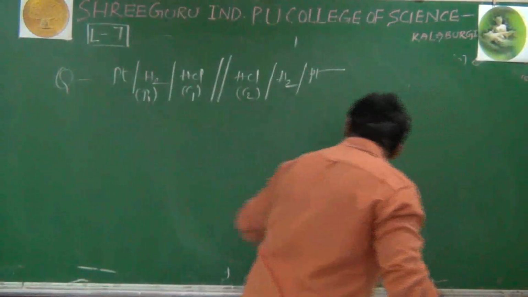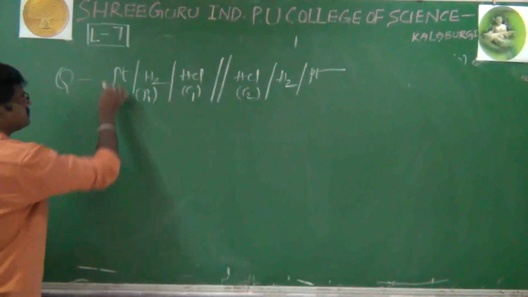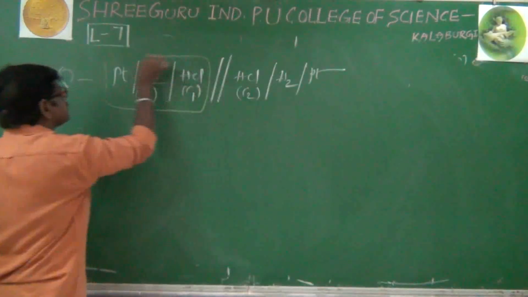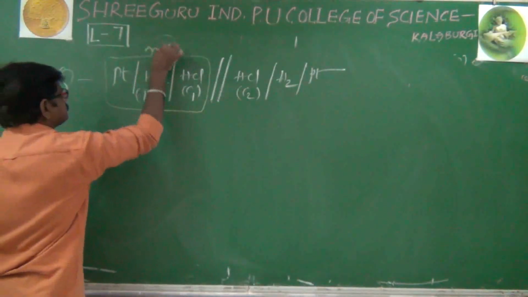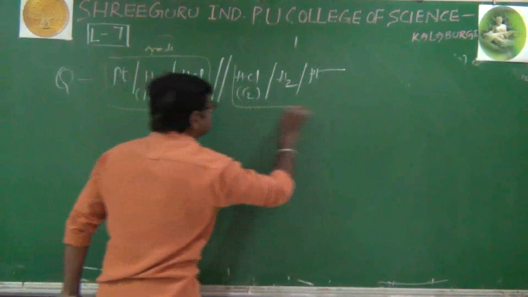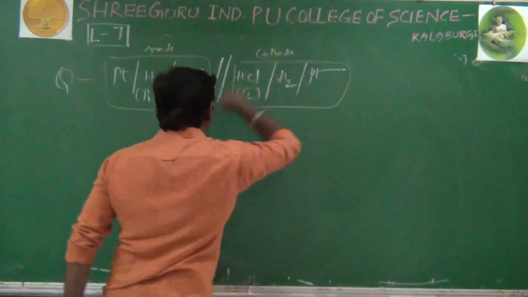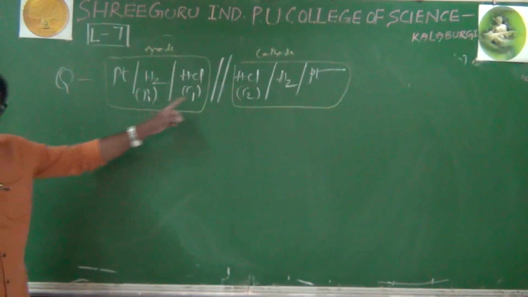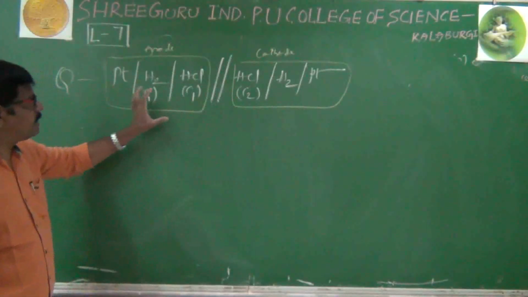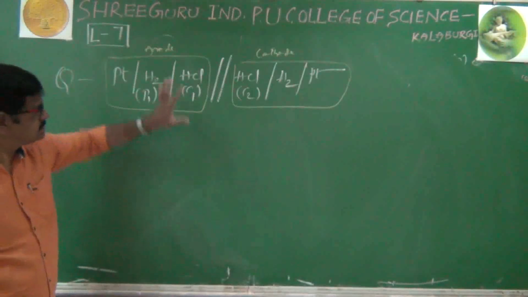That's all. Very simple. If you observe, this part is nothing but the anode because it is on the left of the salt bridge. This part is nothing but the cathode. Why do we say it is the anodic part? First, it is the left side.